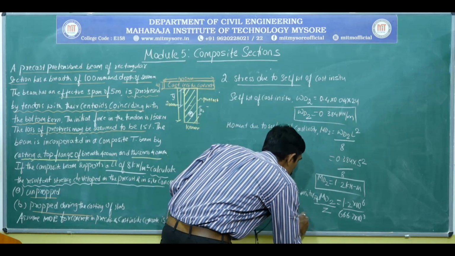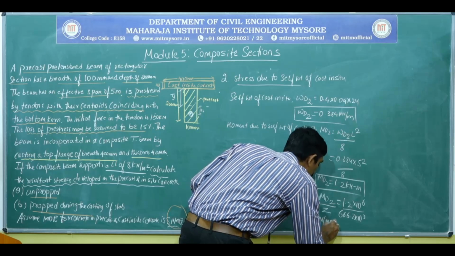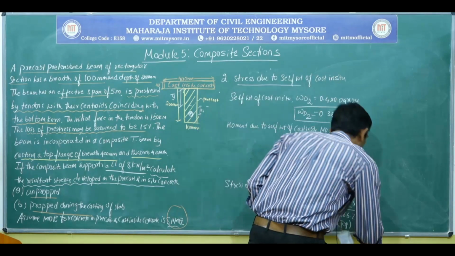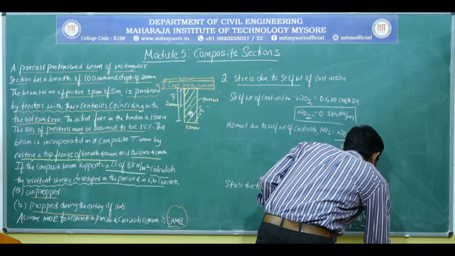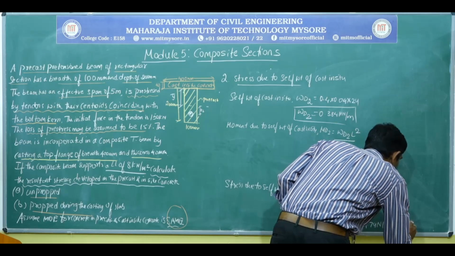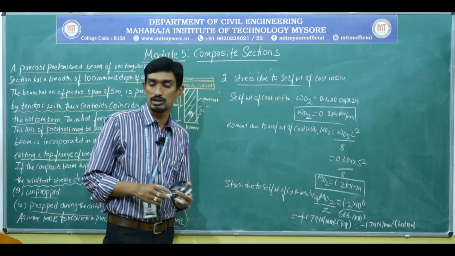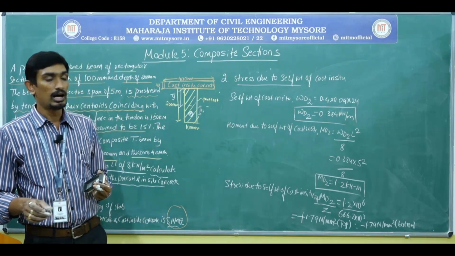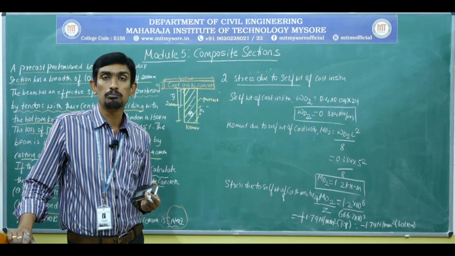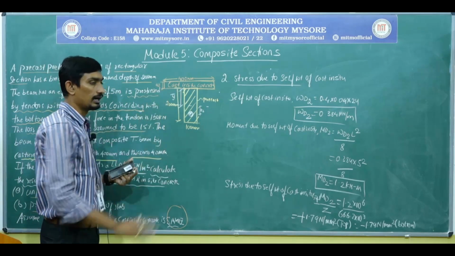So that is plus 1.79 Newton per millimeter square at top, and minus 1.79 Newton per millimeter square at bottom. That means tensile at the bottom and compression at the top. Both are the same, top and bottom, because of, once again, the rectangular section.